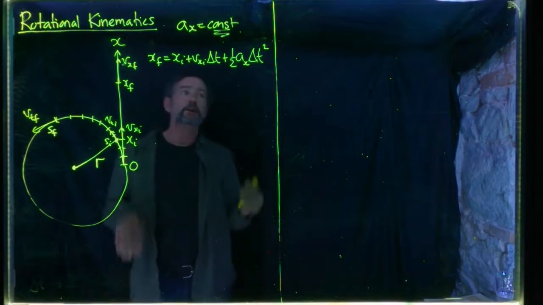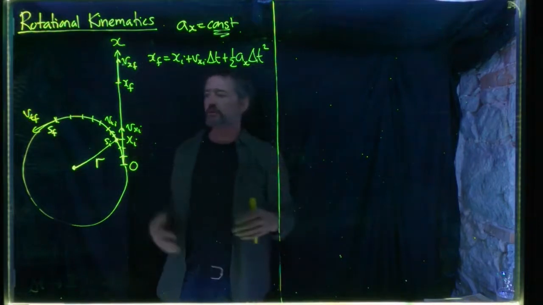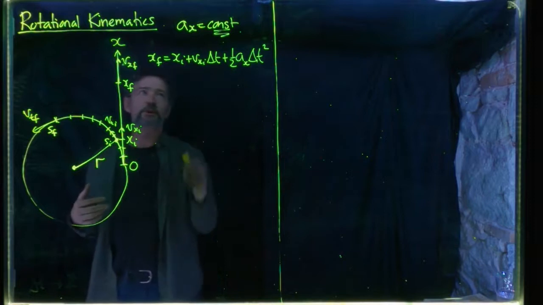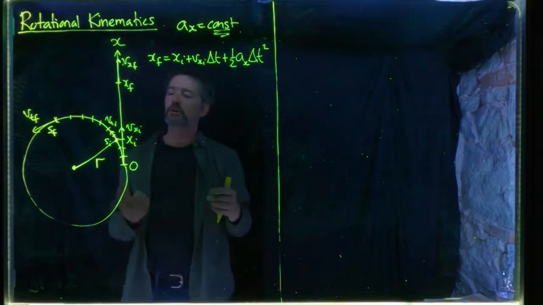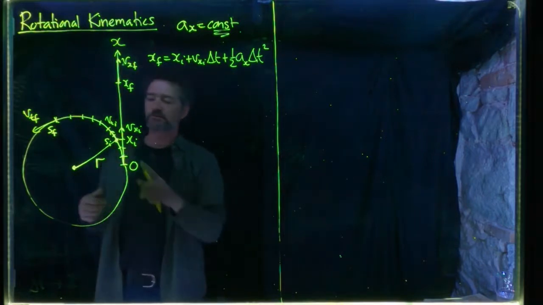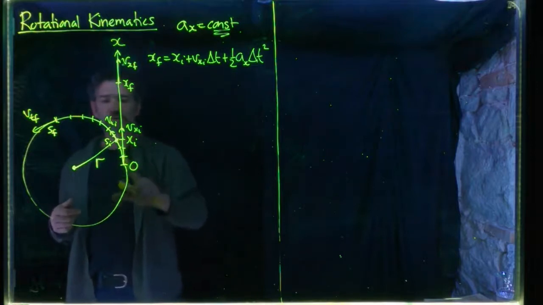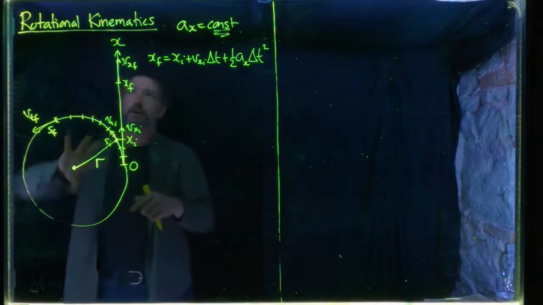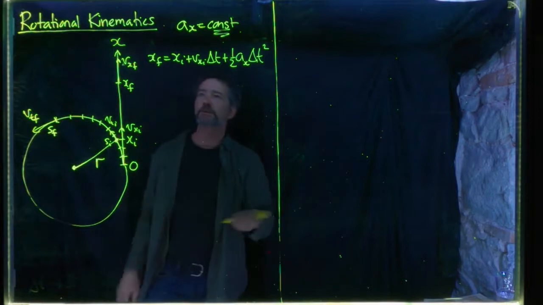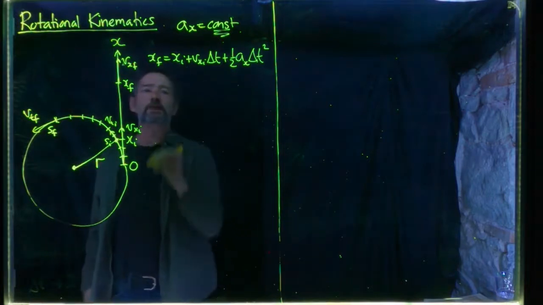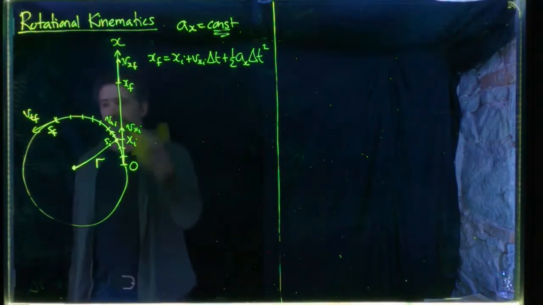Then we can proceed exactly by analogy. The relationships between position, velocity, and acceleration in one-dimensional linear motion are exactly analogous to the relations between tangential position, tangential velocity, and tangential acceleration in rotational kinematics. Okay, x final is measured in meters, so is s final.